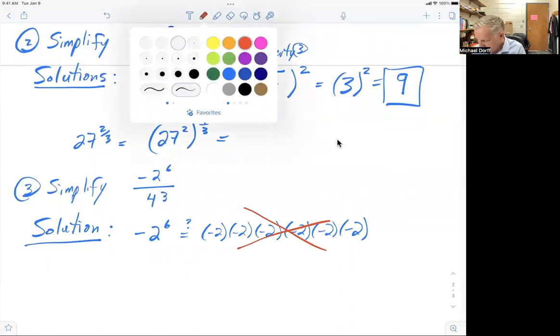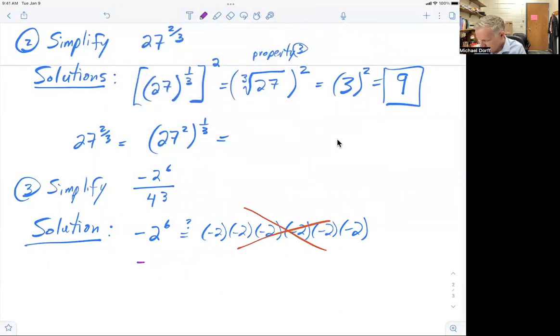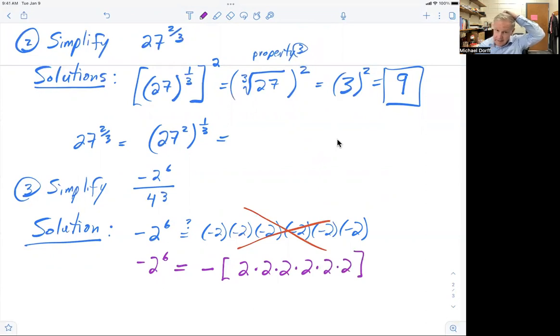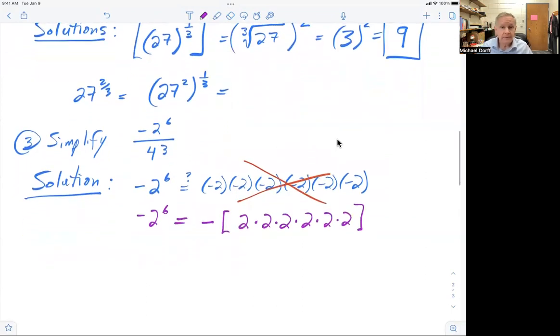Okay, instead, -2 to the 6th means -2 times 2 times 2 times 2 times 2 times 2. Okay, that negative is outside of the 2 to the 6th. So you do the 2 to the 6th first, and then you put the negative. So you may ask, well, what if I wanted to do -2 times -2 times -2 6 times?